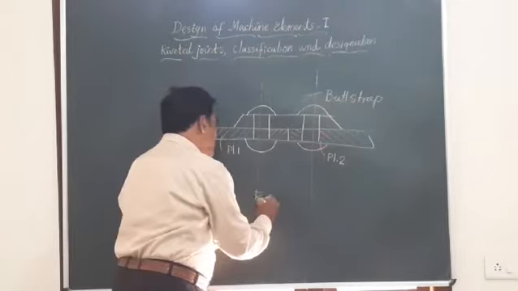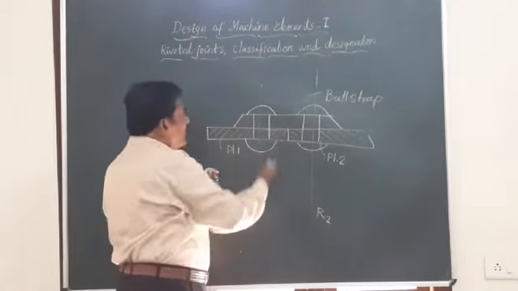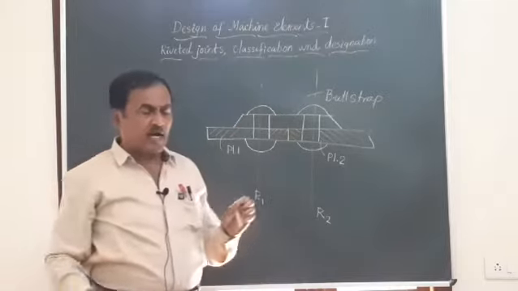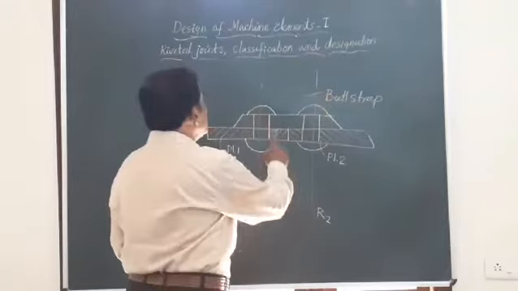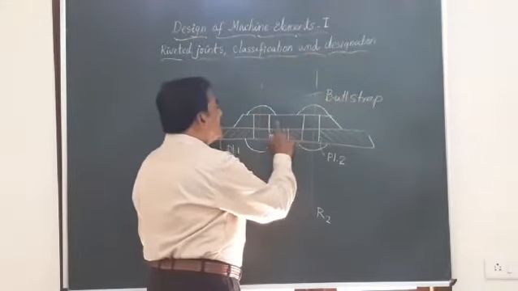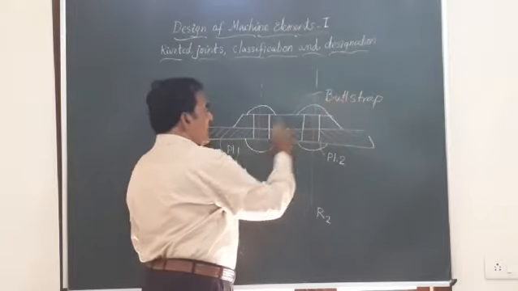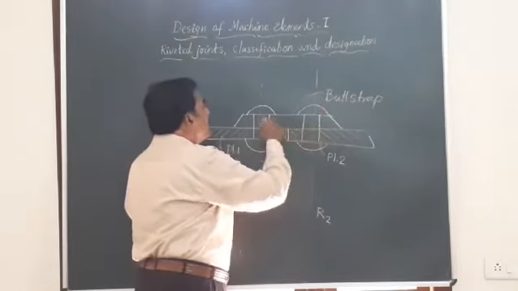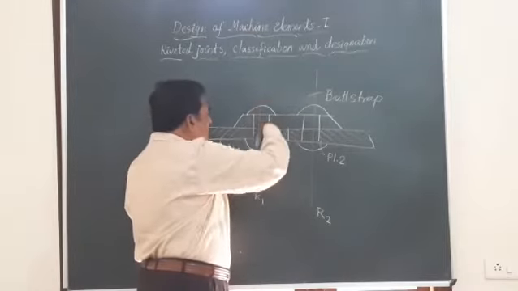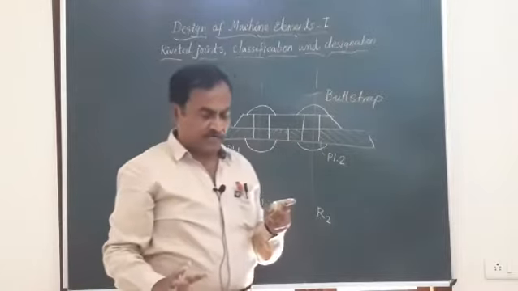That is, this is row 1 and again here this is row 2. There is only one line of rivet, and we call such a joint a butt joint with single cover plate. This is called a cover plate or a butt strap. So these are the plates to be joined. We are going to keep these two plates. Then after keeping them, we drill through holes, insert the rivets in that, make the joint.